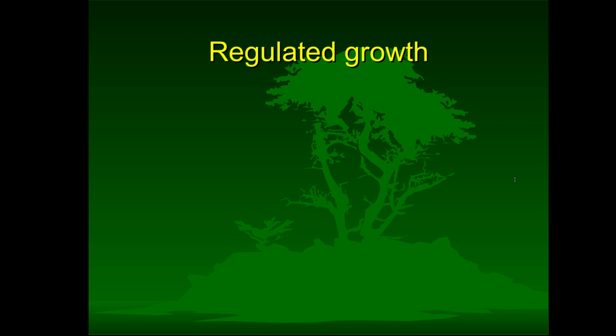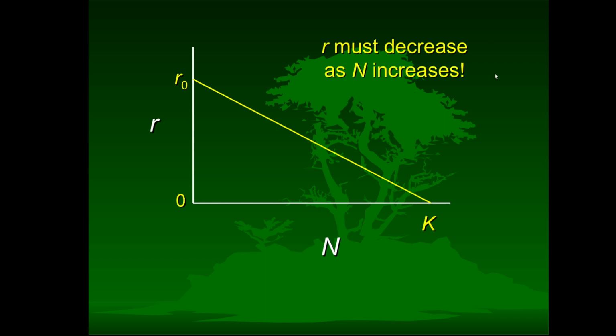We assumed that r is a constant. So the only way the growth rate can no longer be proportional to n is if the per capita rate of increase, little r, is not constant. In other words, little r is not constant, but decreases as n increases.